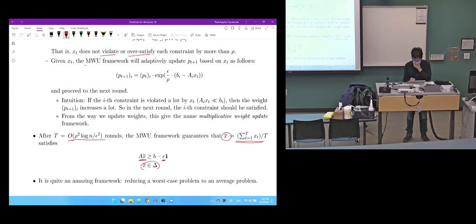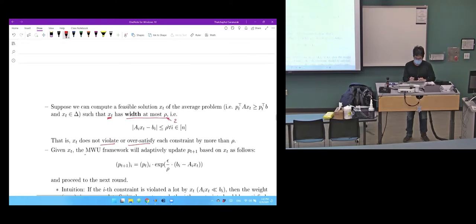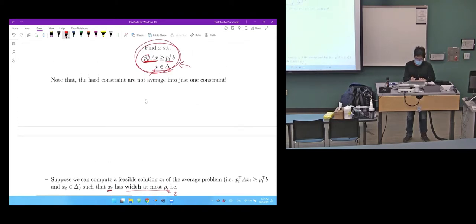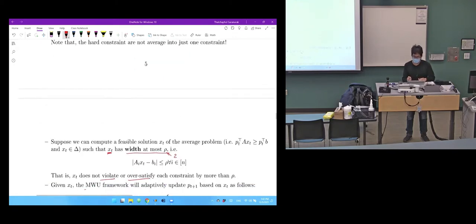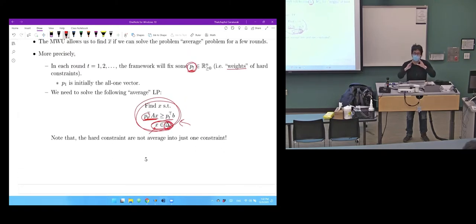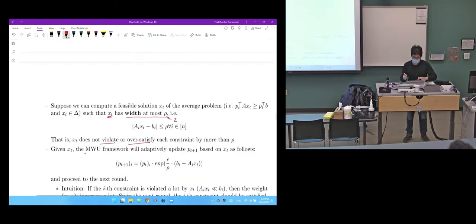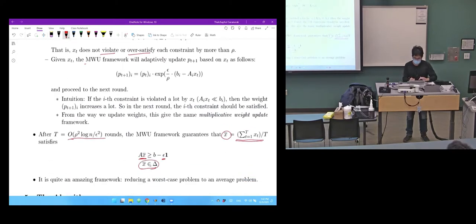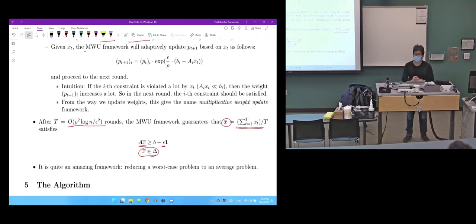And the easy constraint is satisfied anyway, because each of the x_t is certified in this set, and this set is a convex set, so the average is going to be in the convex set too. Okay, so that's the recap for multiplicative weight update.